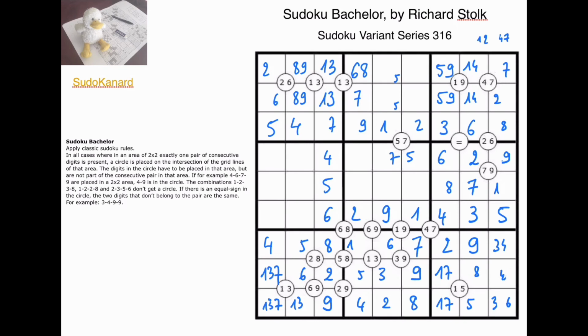Okay, so that's a 4, that's a 3, that's a 6. So here we need 7 and 8 because of this. We get 7 here, 8 there. 1, 2 can only be here on this column. That's 1, 3. I said 1, 2, 3, 4, but that was wrong. We need a 9 here and 1 or 3 here.